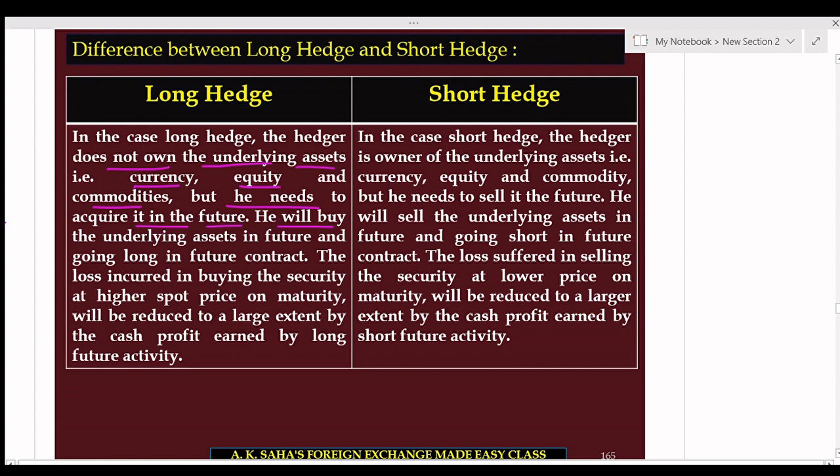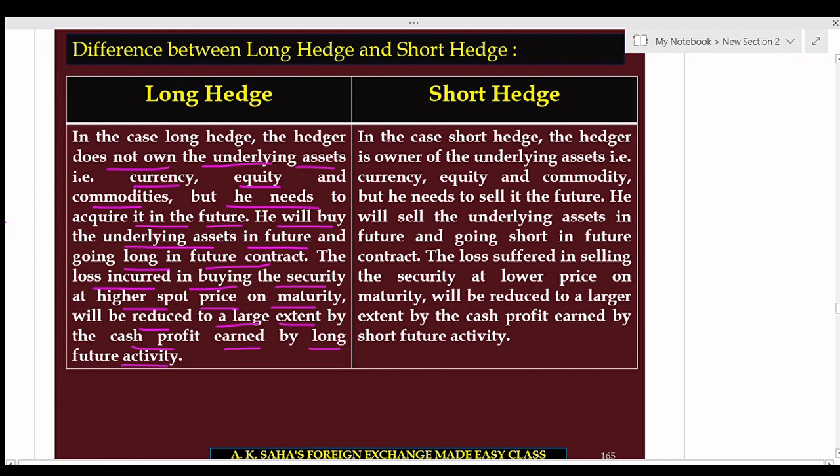He will buy the underlying assets in future and go long in a future contract. The loss incurred in buying the security at a higher spot price on maturity will be reduced to a large extent by the cash profit earned by the long future activity.